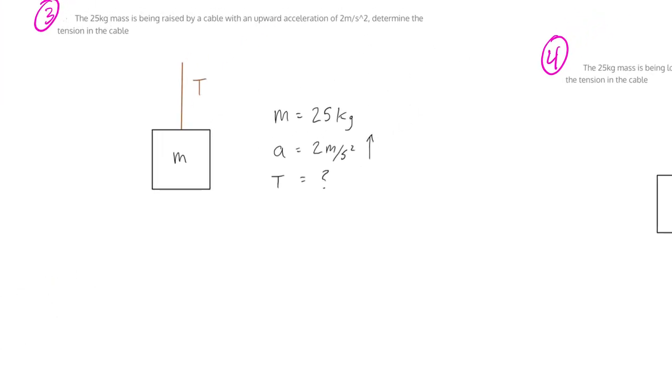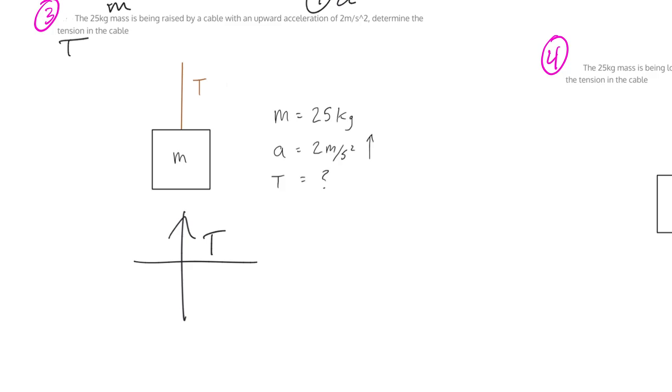Okay, here's a problem similar to an elevator problem, but they're talking about tension instead of normal force. So we've got a 25 kilogram mass, little m, with upward acceleration. That'd be a positive acceleration, upward, positive. Determine the tension in the cable. So tension goes up.